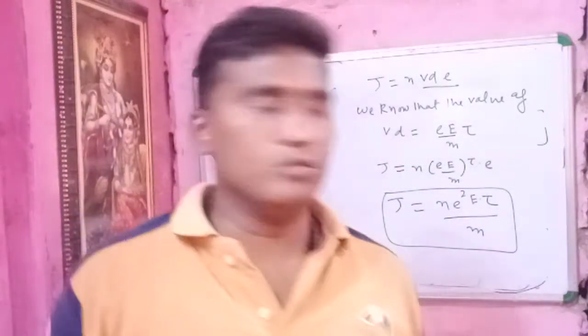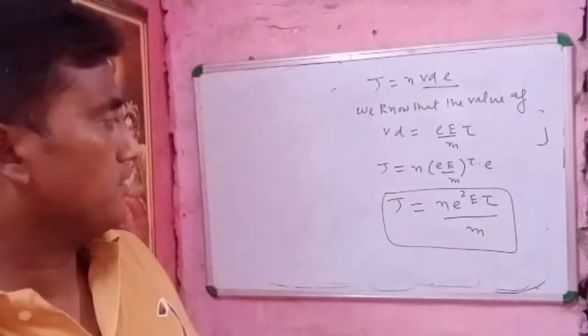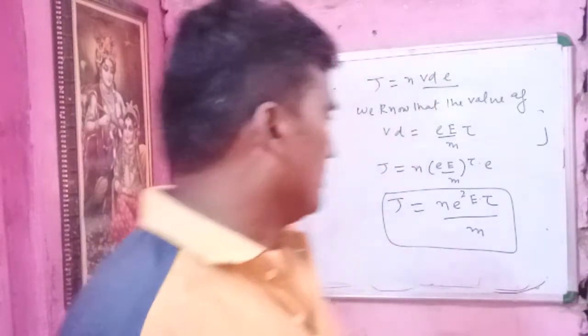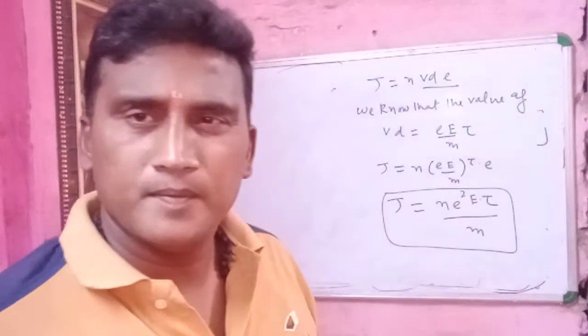We identify the current density in terms of electric field, relaxation time and number of charge carriers in this relation.